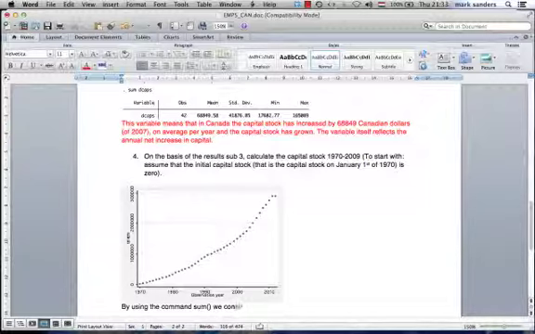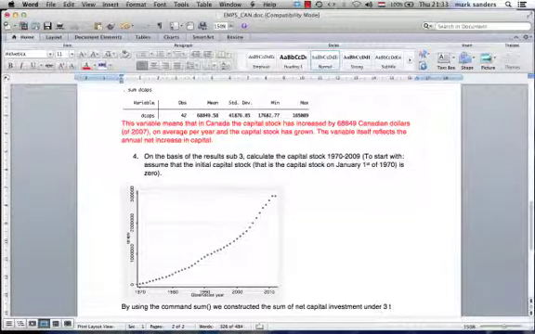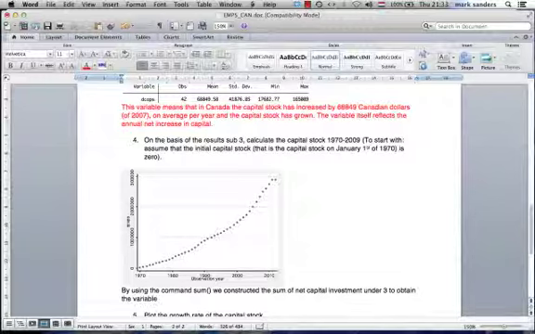We constructed the sum of net capital investment under 3 to obtain the variable Q caps presented in the graph above.